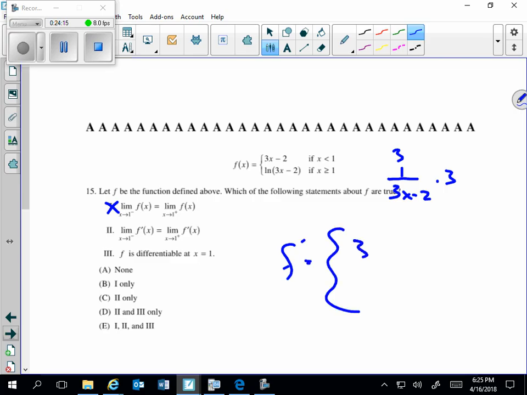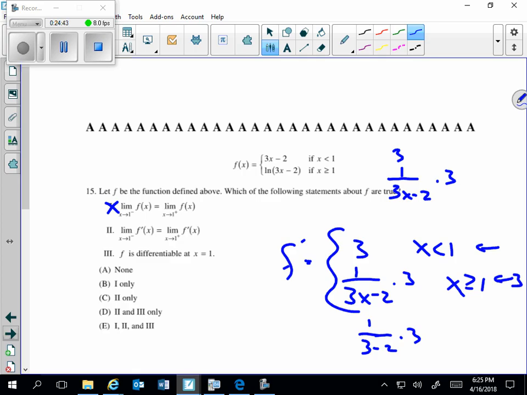I get 3 on top, and I get 1 over 3x minus 2 times the derivative of the inside function, which is 3. Now, find the limit as x approaches 1. My derivative is 3. Down here on the bottom part, I plug in 1. I get 1 over 3 minus 2 times 3, which is 1 over 1 times 3, which is 3. Correct. 2 is good.